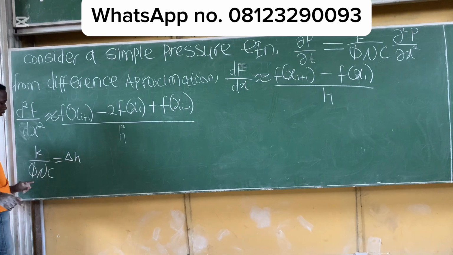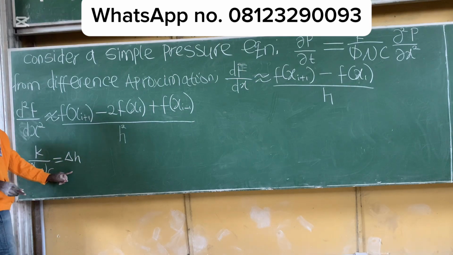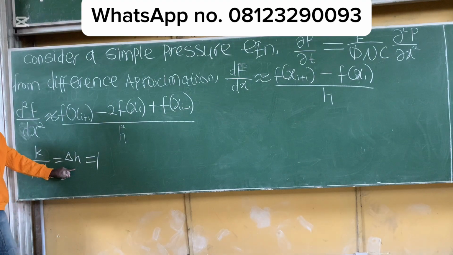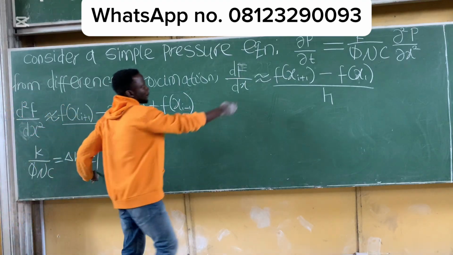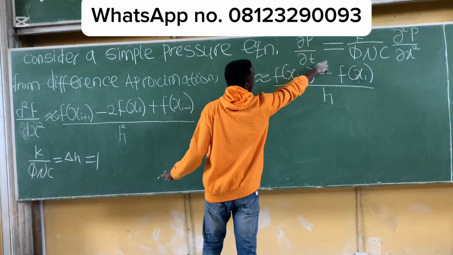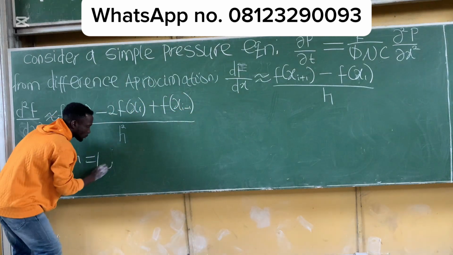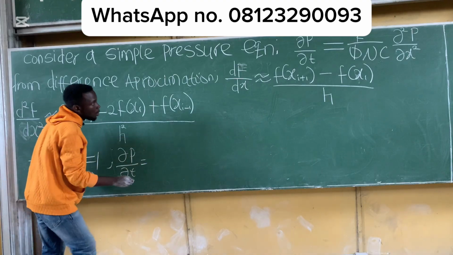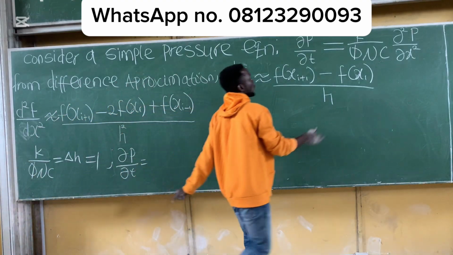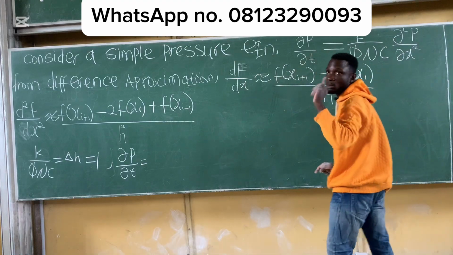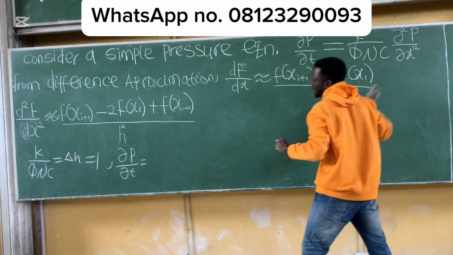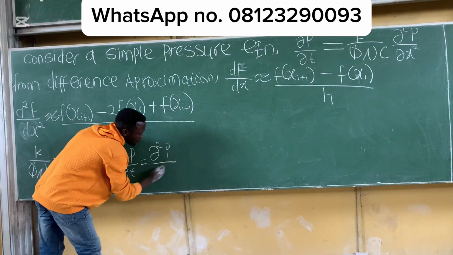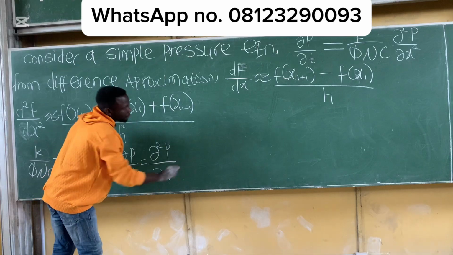Assuming that K over phi mu C is equal to delta H equal to 1, our pressure equation becomes dP divided by dt equal to what? Remember that we said this is equal to 1, so everything here becomes 1. 1 times d squared P over dx squared gives us d squared P over dx squared.